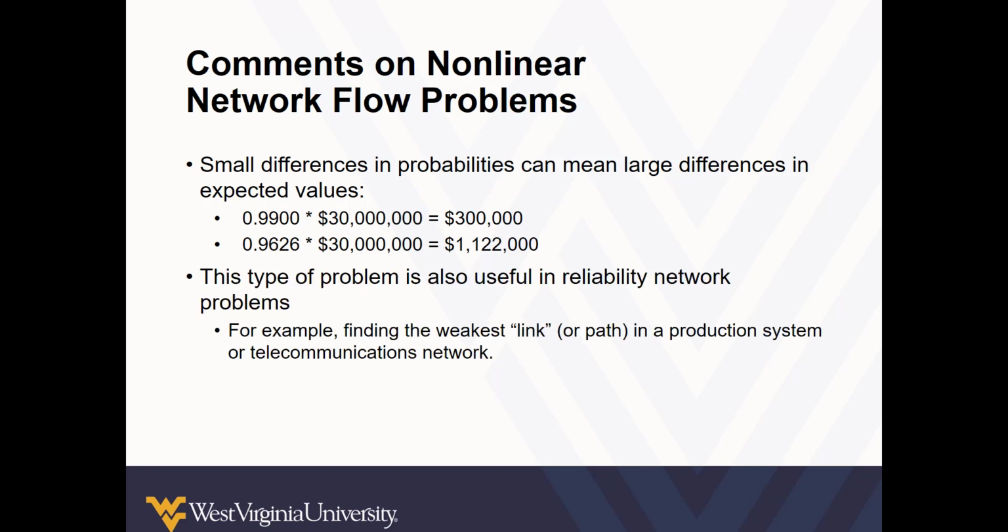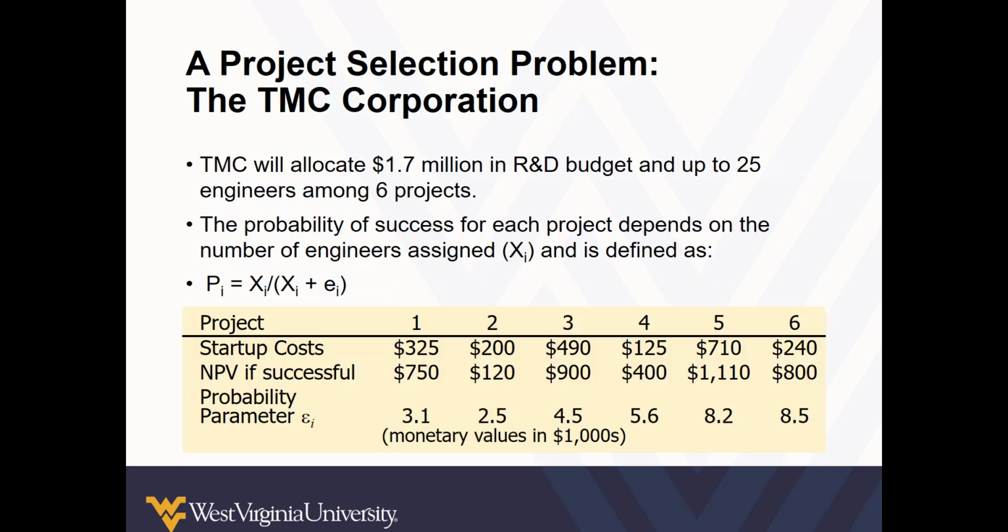So this type of problem is also useful in reliability network problems, so finding the weakest link or path in a production system or telecommunications network. On to our next problem.